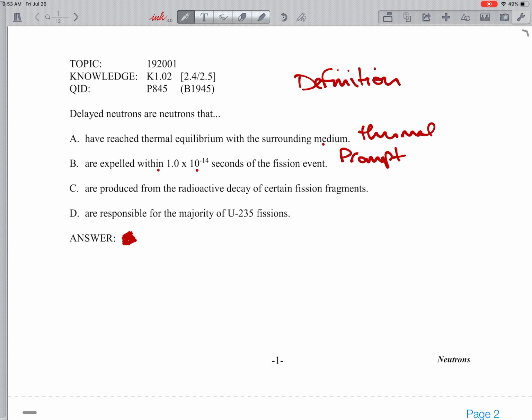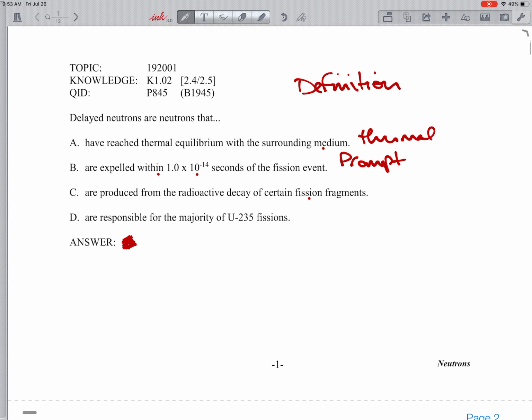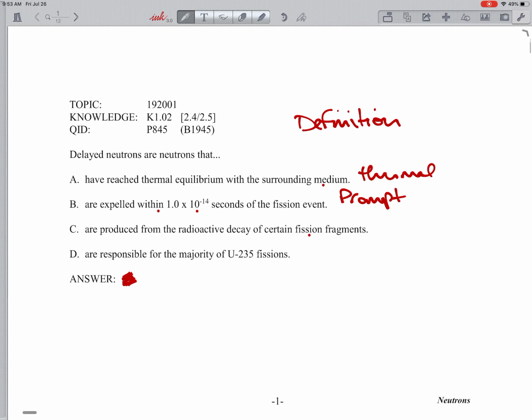Are produced from the radioactive decay of certain fission fragments. I like that one. And are responsible for the majority of U-235 fissions. The majority of U-235 fissions are going to be from thermal neutrons. That's why D is wrong.